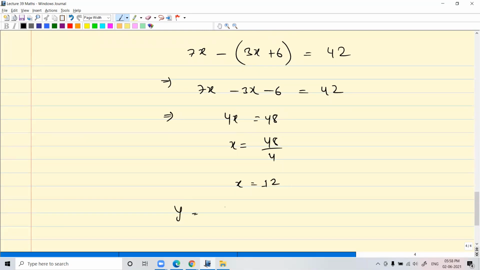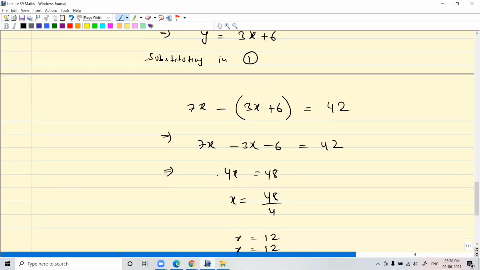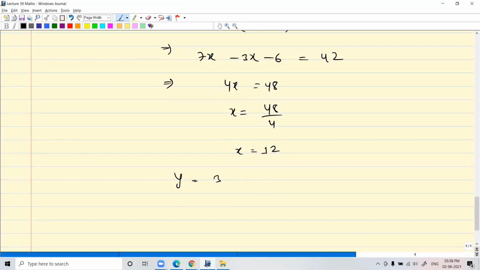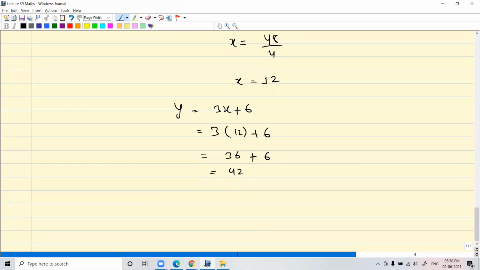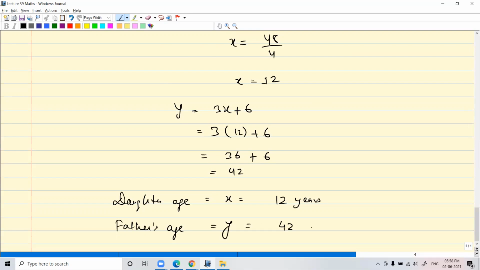And we know that y is equal to how much? 3x plus 6, right? So y is equal to 3x plus 6 plus... Okay.